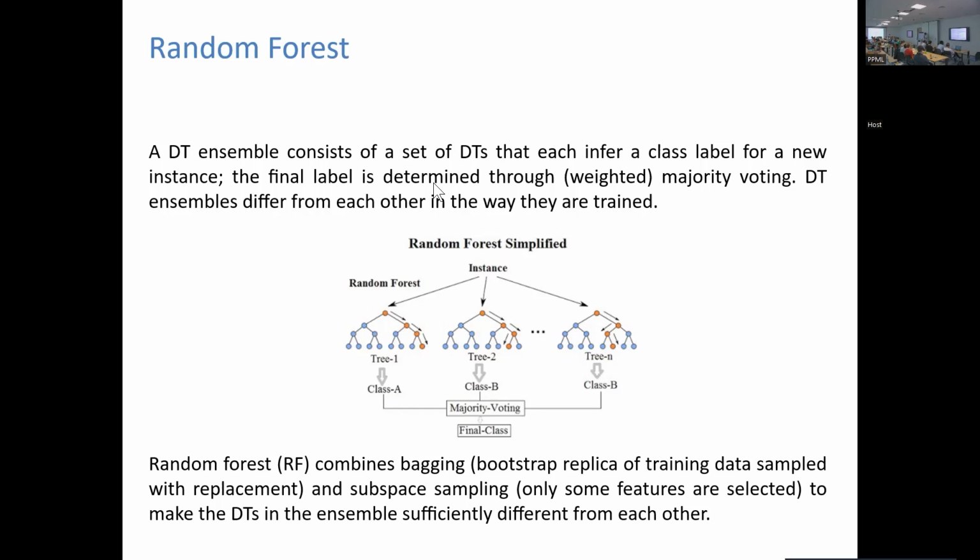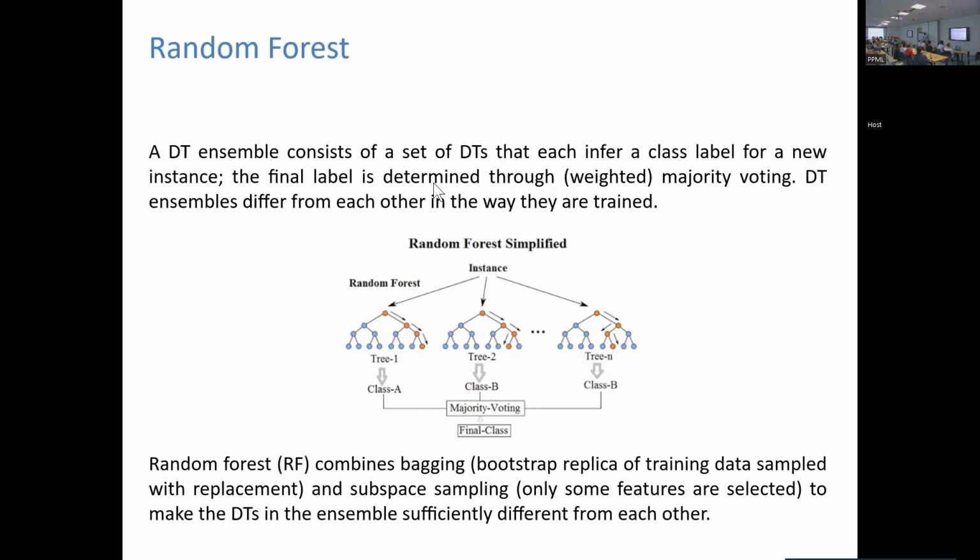So normally for every one of these trees, you pick random samples from your training samples, normally with replacement. Also, a good practice used in random forest is that for every tree, you don't use all the features. You only use a subset of the features, the so-called subspace sampling technique.